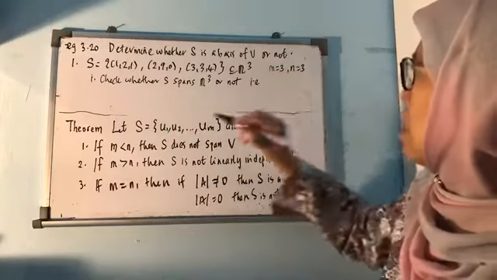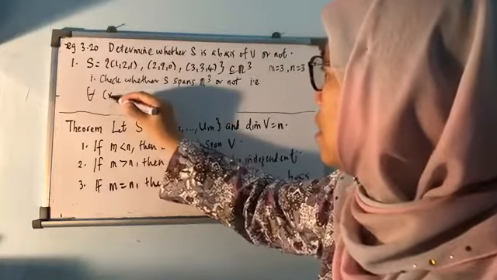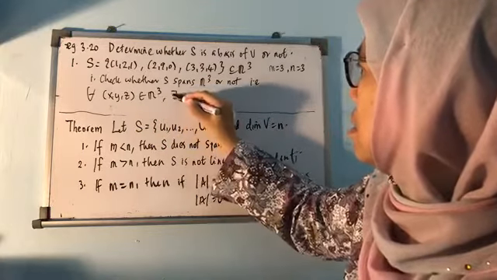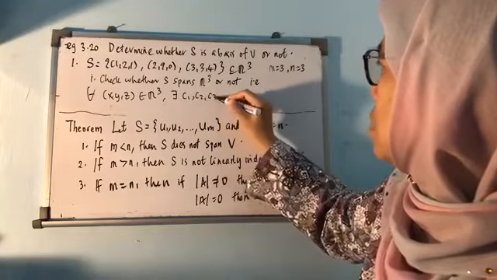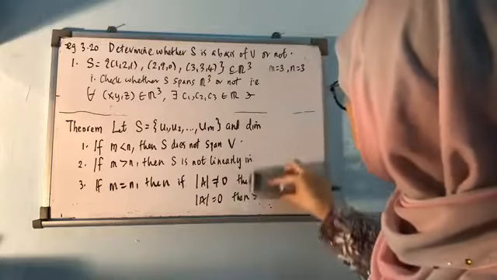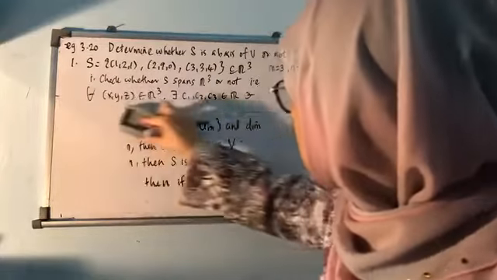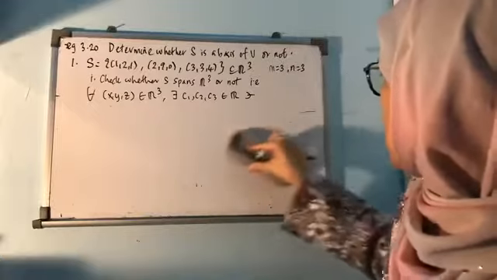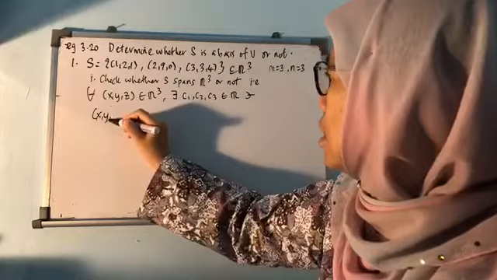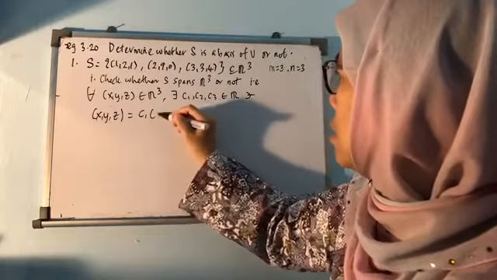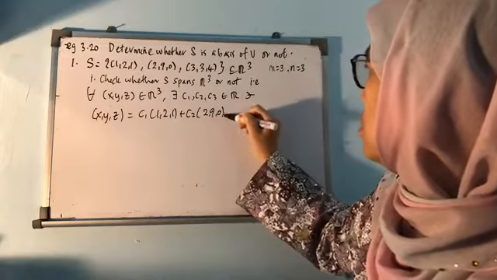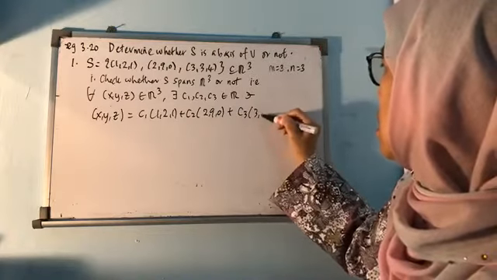That is, for all (x, y, z) in R3, there exist c1, c2, c3 in R such that (x, y, z) equals c1(1, 2, 1) plus c2(2, 9, 0) plus c3(3, 3, 4).